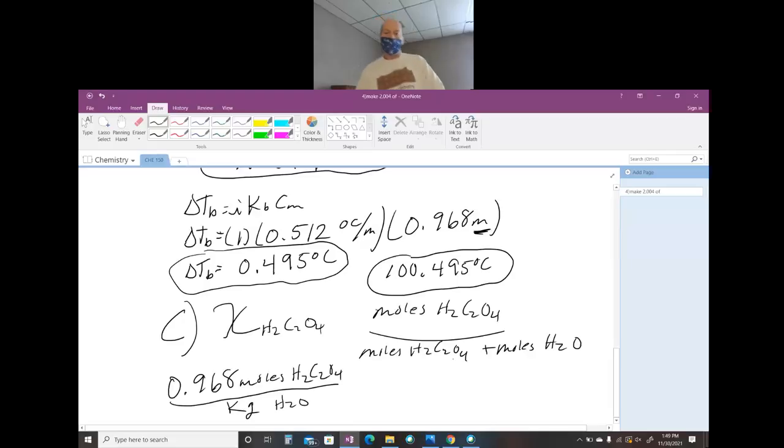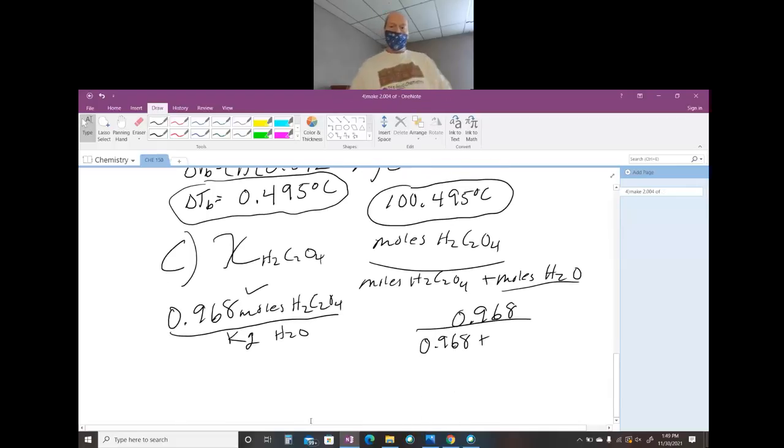So we already have our moles of H2C2O4. It's right here, 0.968. Now we just have to find moles of water. We have a kilogram of water, and a kilogram of water is 1,000 grams of water.